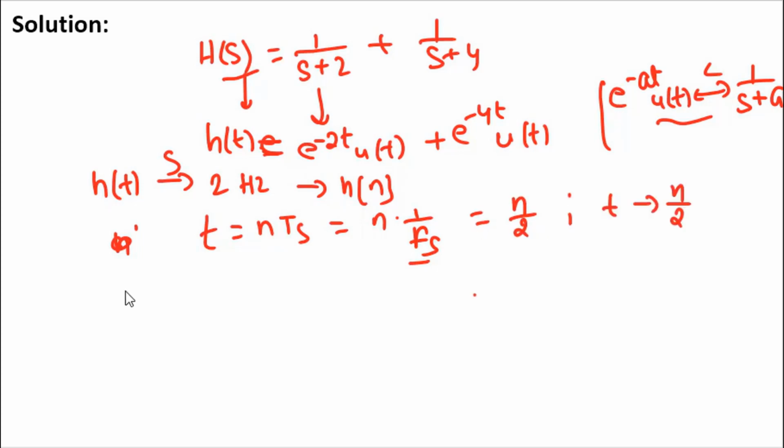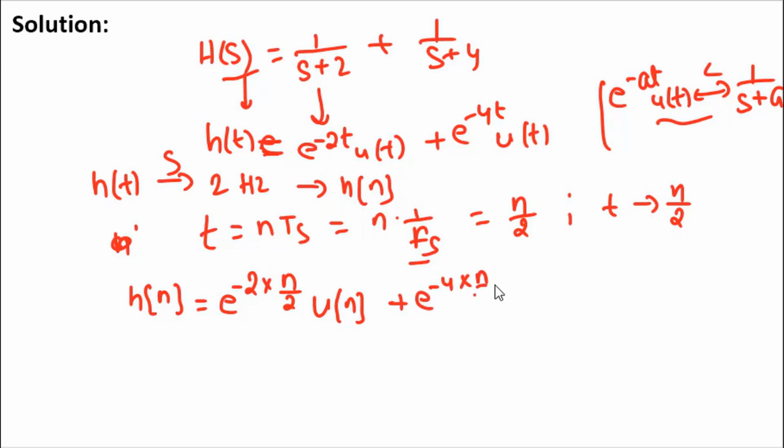So when you put t equal to n/2, you get h(n) equal to e^(−2·n/2) u(n) + e^(−4·n/2) u(n), which is equal to e^(−n) u(n) + e^(−2n) u(n).